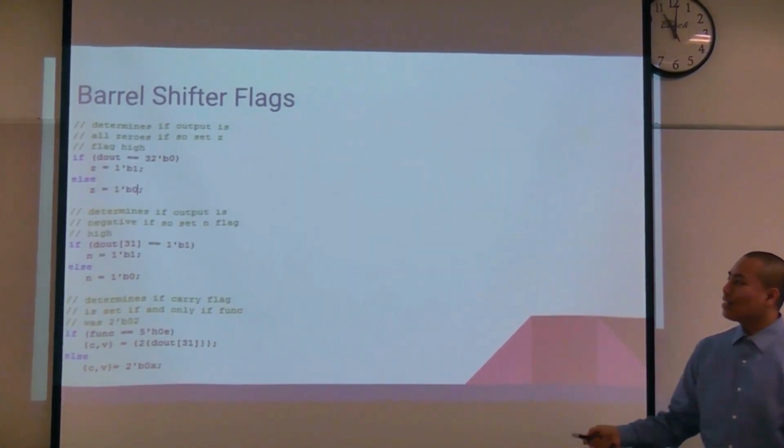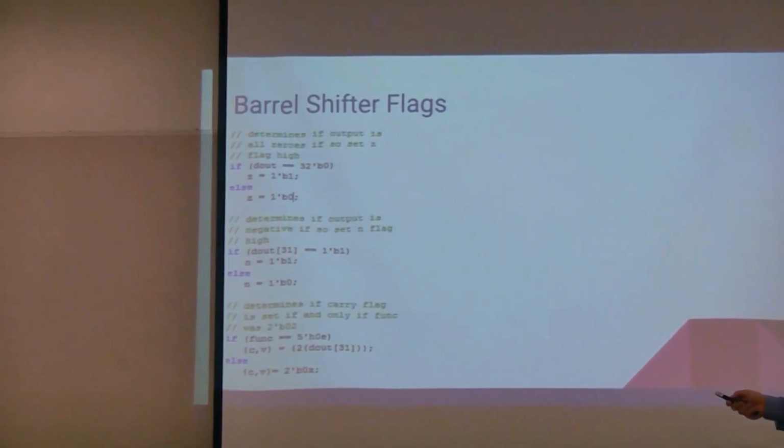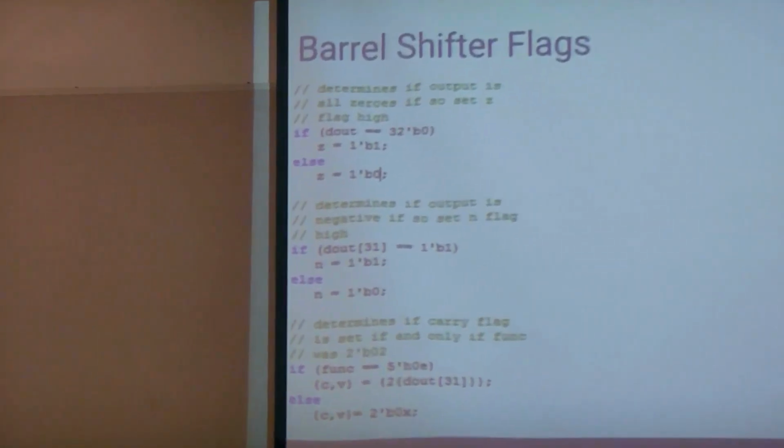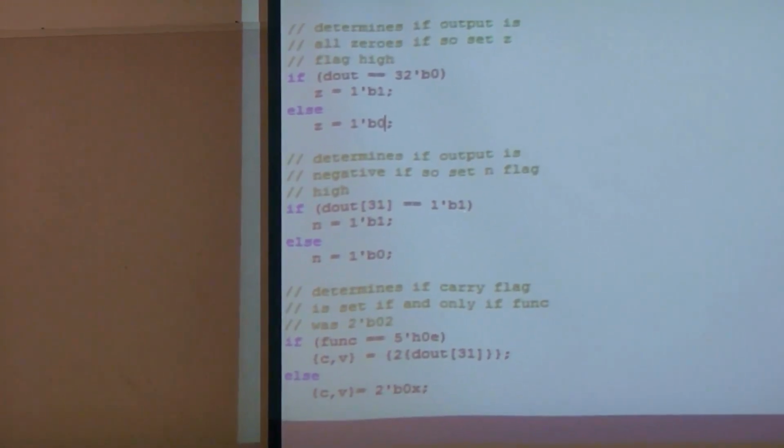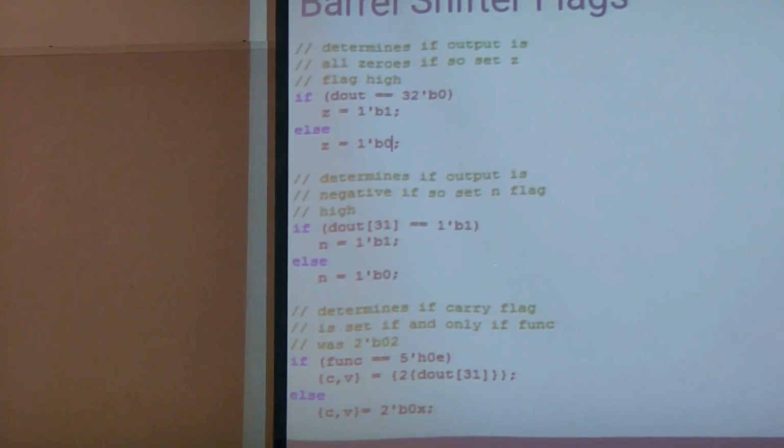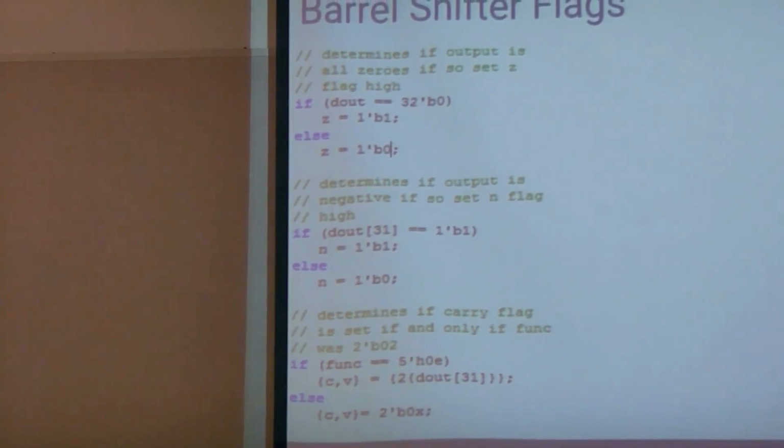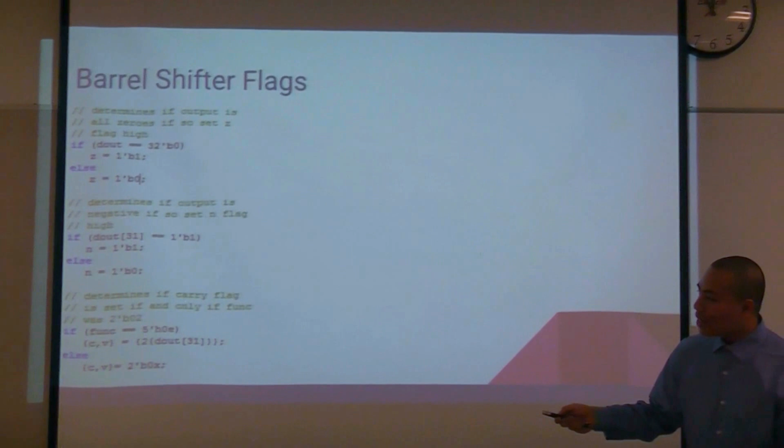The barrel shifter flags: it only handles the zero flag, which checks if the output was 0; negative, which checks if the very first bit is a 1, indicating that it's negative; and then it determines if there was a carry flag.